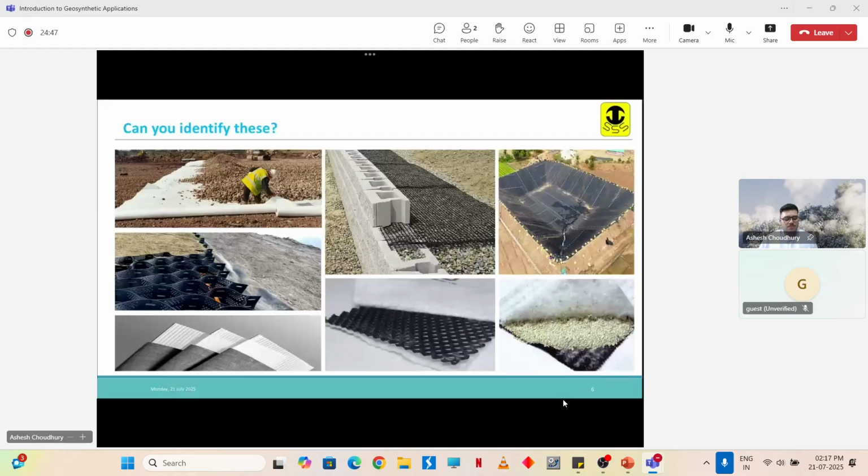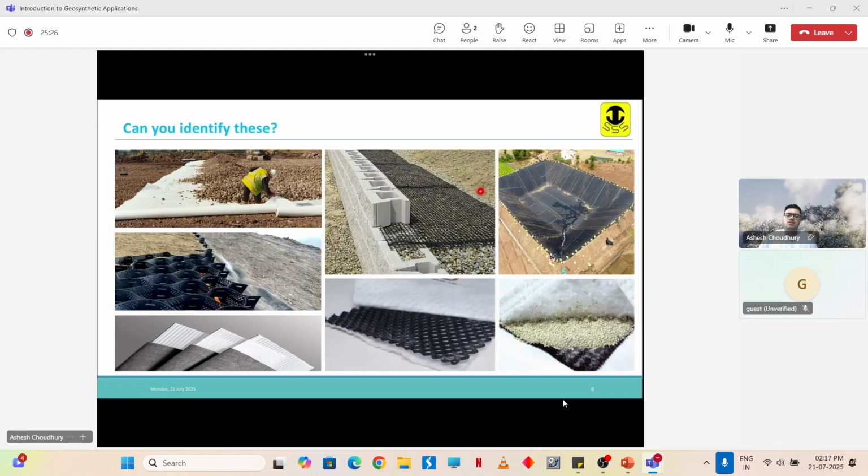The first one, the first stuff that we see, looks like some sheet, right? A white colored sheet over which we are pouring some aggregate maybe, and here also we have some subgrade, we are pouring some aggregate, and then there is some white colored sheet like stuff. A second thing that we see is net like stuff, some nets that are placed in layers, attached to these blocks.